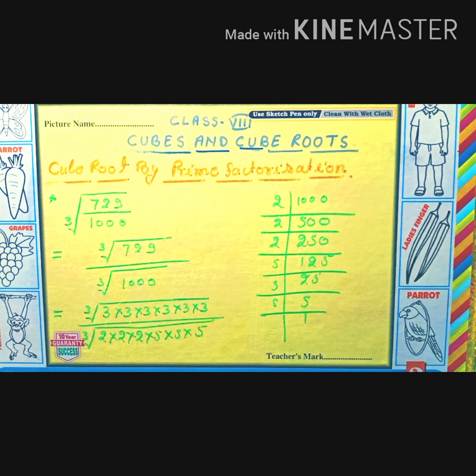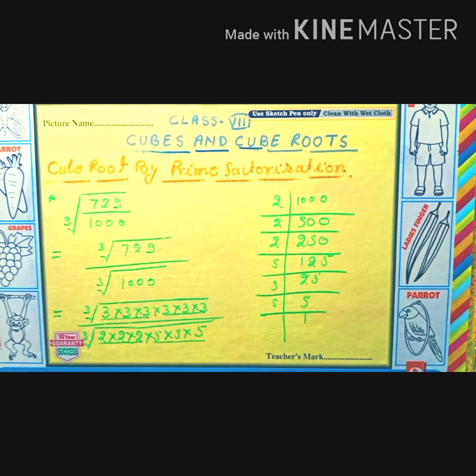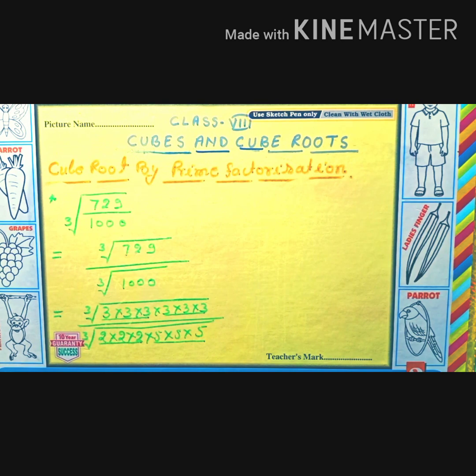Now make the group of 3 numbers of same digit. Now first this group and this group, and in the denominator this group and this group. Now take the common from each group. Then we remove the cube root sign.